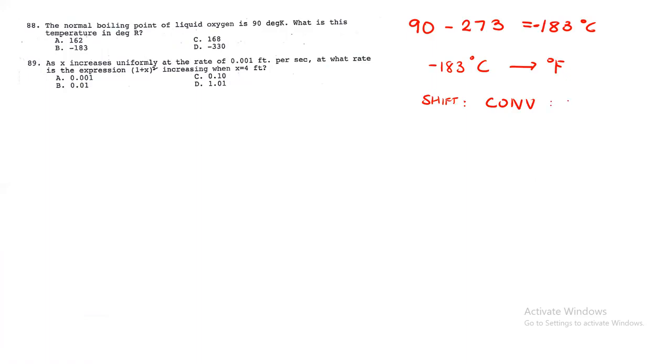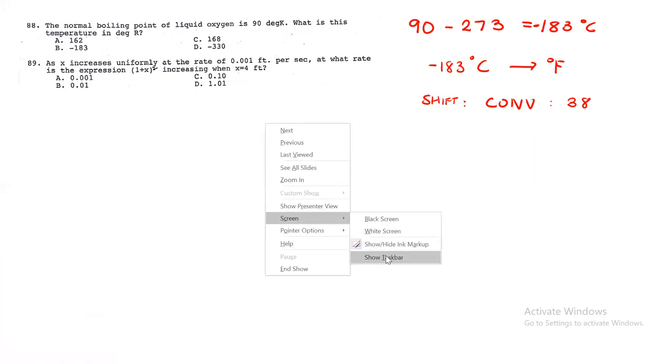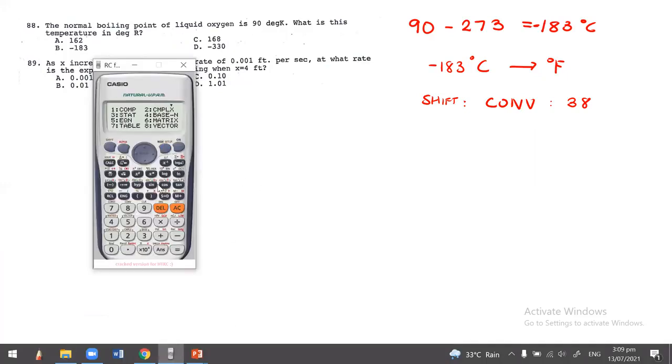So number is 38 sa calcu. So mode or shift convert 38. So ito type natin negative 183.